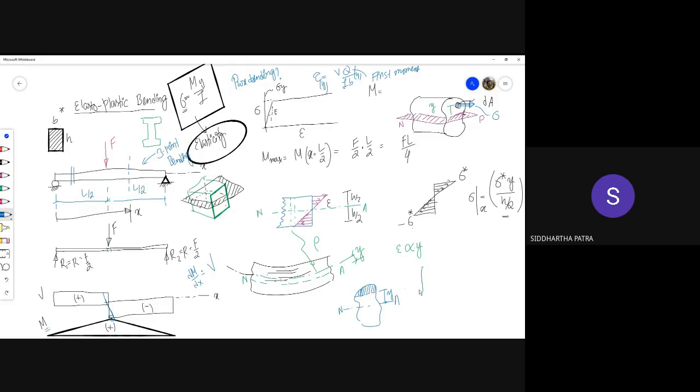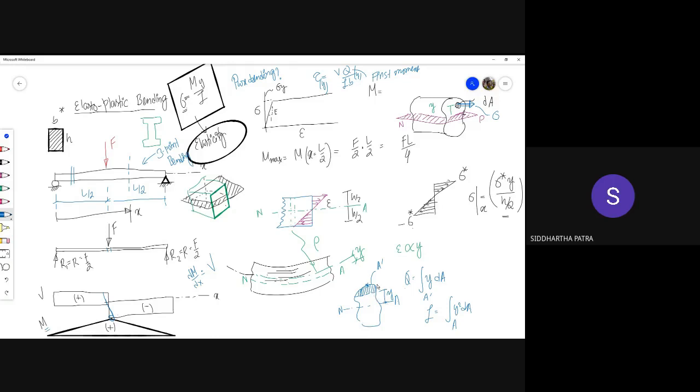What is first moment? First moment is integration y dA, unlike I, which I believe is integration y squared dA. But that would be happening over this region, this shaded area called A prime. As it turns out, if you do it at the very top, there you don't have any area, right?